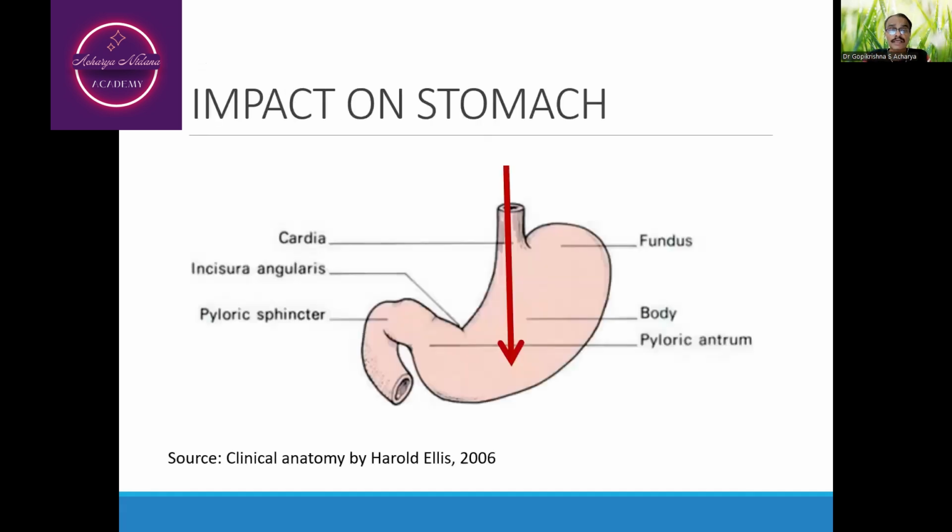So let us take Adhyashana itself. When you say Adhyashana, what actually happens is the food will be entering directly into the stomach. They are macromolecules. This displaces the already present food into the periphery, and the new food will be entering directly into the inferior end of the stomach itself.